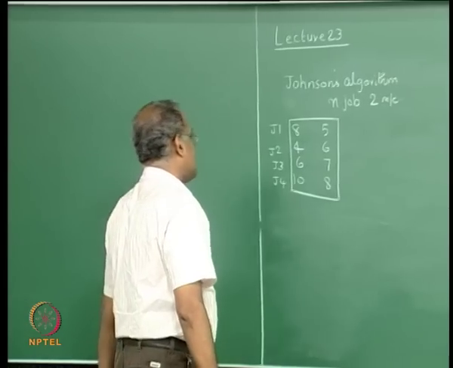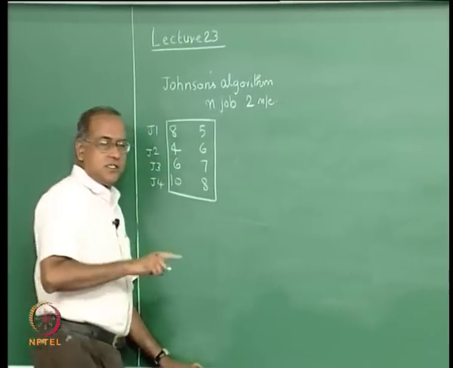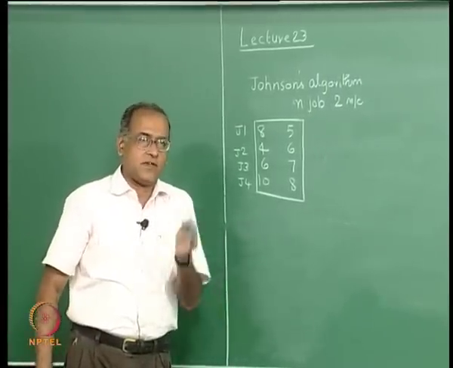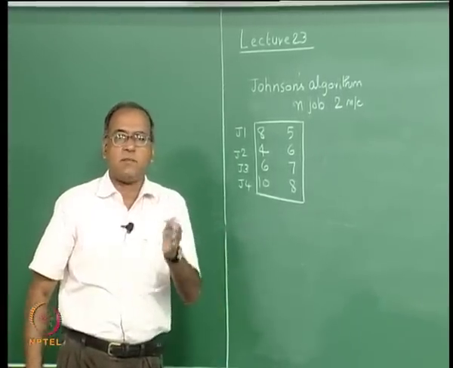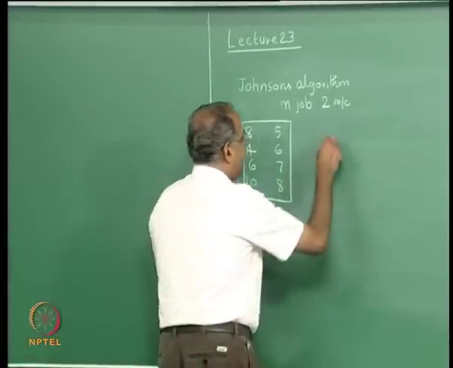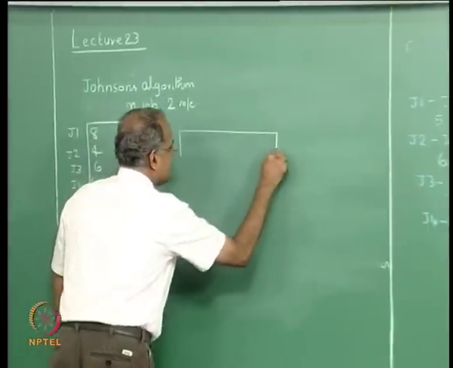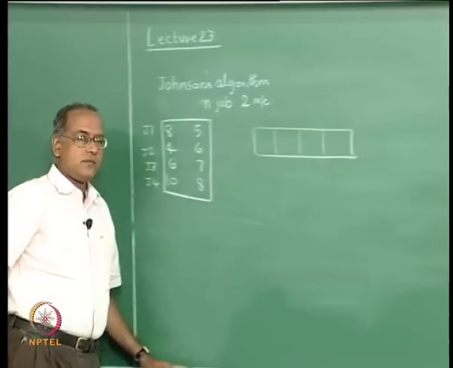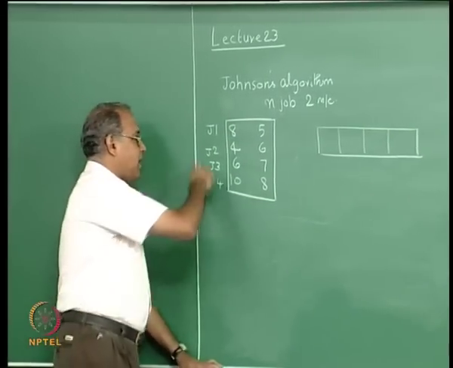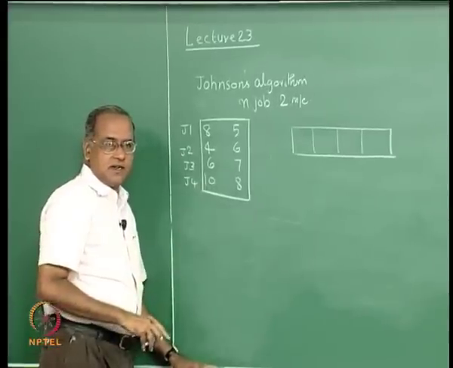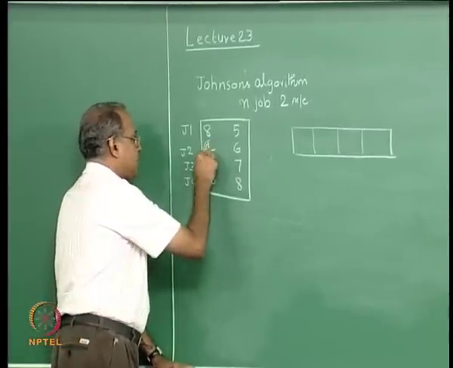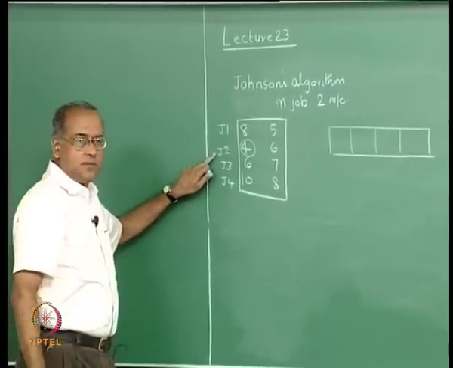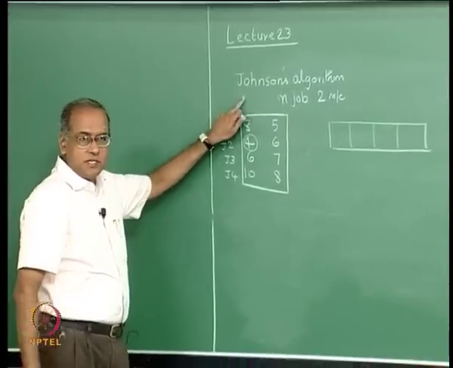So, in Johnson's algorithm, since there are 4 jobs, we have to find the order or sequence in which these jobs have to be processed. So, what we do is look at the smallest of the processing times that are here. This is the smallest, which happens to be for job 2 on the first machine.